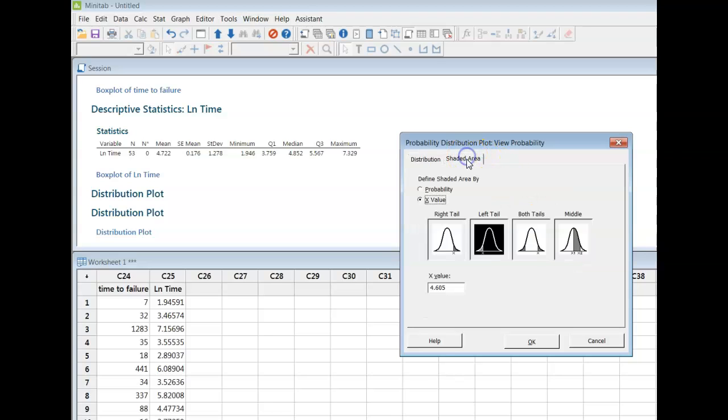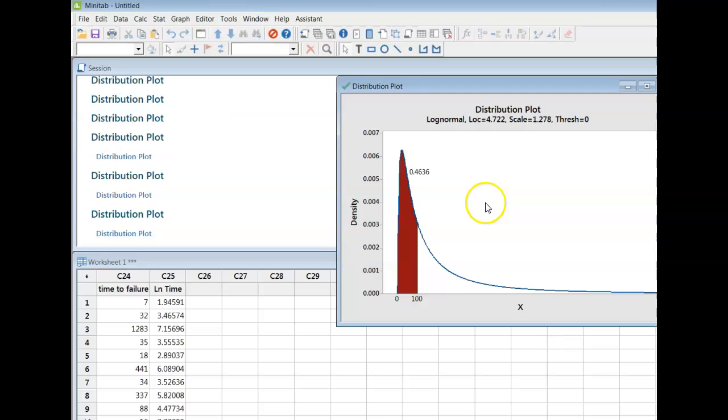All right, I go into my shaded area. I'm looking for the area in the left tail, and I'm plugging in my original value of 100. And if I say OK to this, notice how this plot looks, well, not completely different, but different. And that's because this is the standard way a log normal distribution looks.